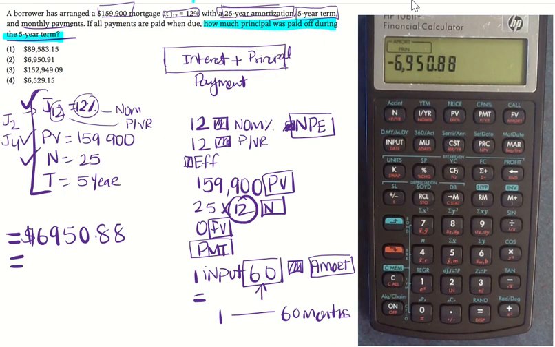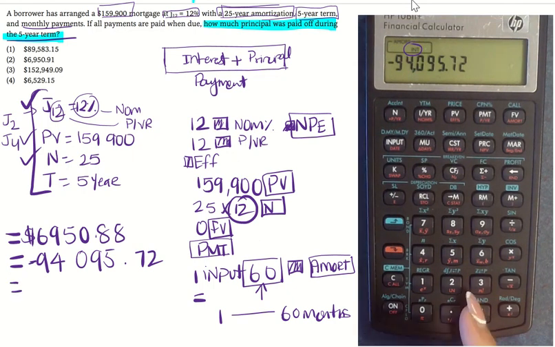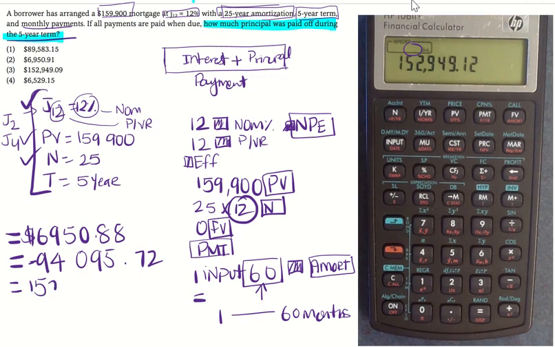If you press the equal key one more time, then you will see $94,095.72. So this is interest. That's how much interest you paid. And then if I press the equal key one more time, these are the last things I'm doing extra, just to help you out if that's what they ask you to do.